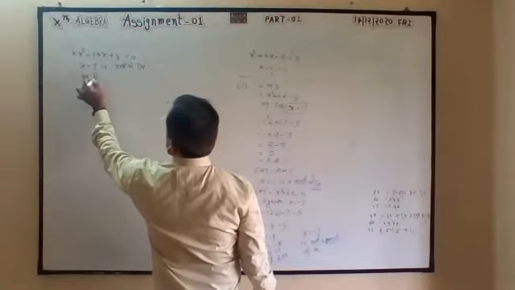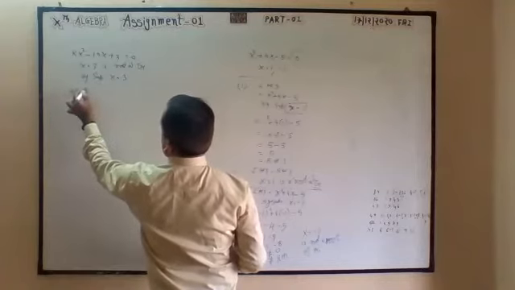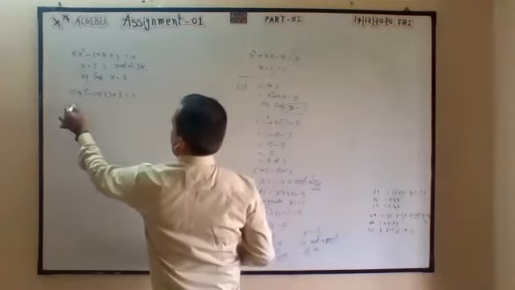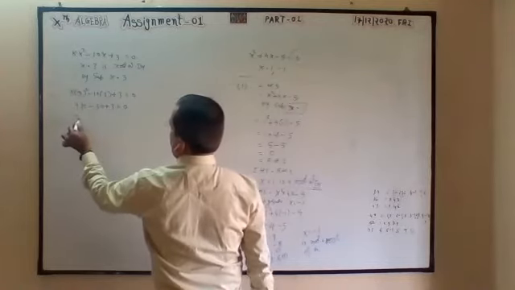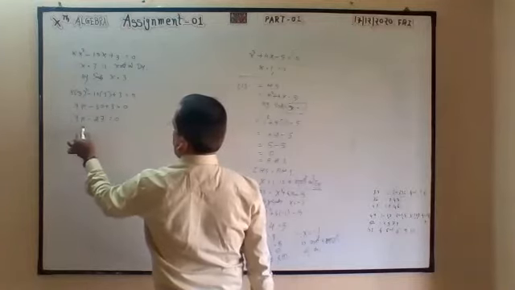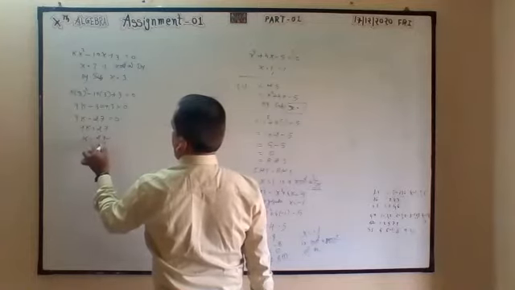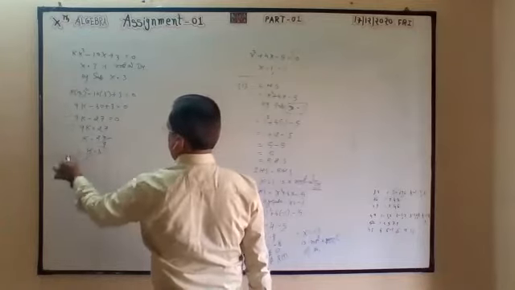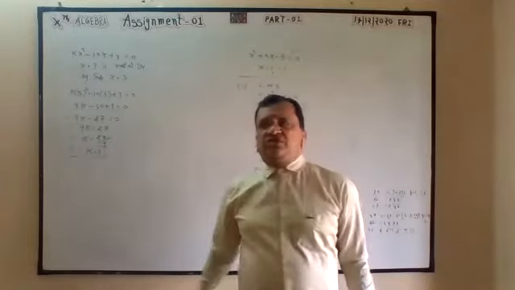Therefore, by substituting x is equal to 3, 3 3s are 9k, minus 30 plus 3, 9k minus 27 is 0. 9k is 27, so 27 divided by 9, k is equal to 3 is the final answer.